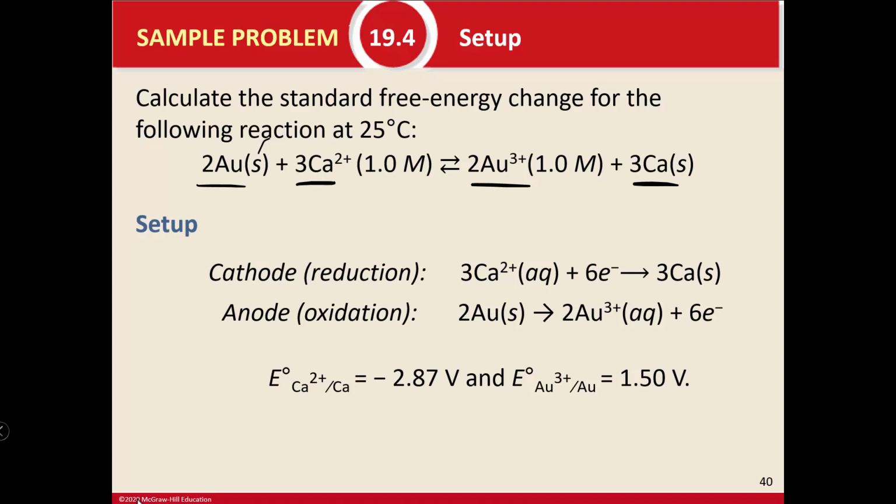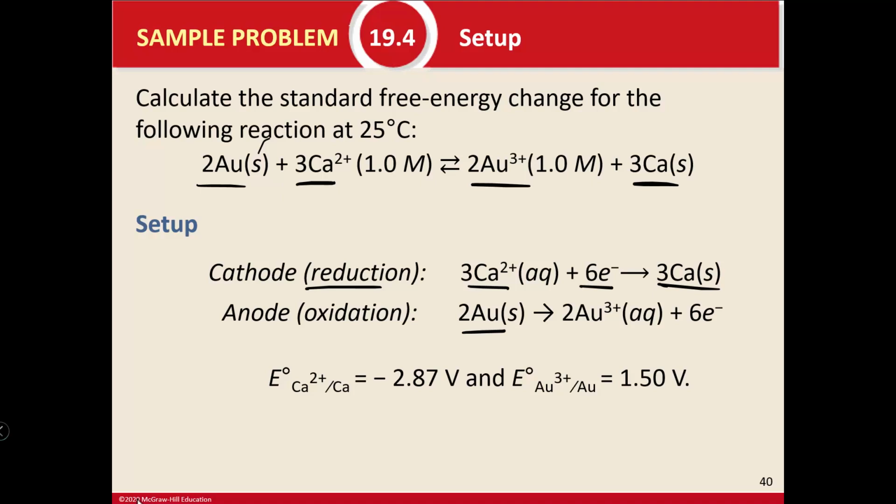Okay, so at the cathode of a galvanic cell, that's where reduction takes place. The calcium is gaining electrons. How many is it gaining? Well, because there are 3 calciums, each one is gaining 2 electrons. It's gaining 6 electrons to become calcium solid. That's a reduction. We can't have reduction without oxidation.